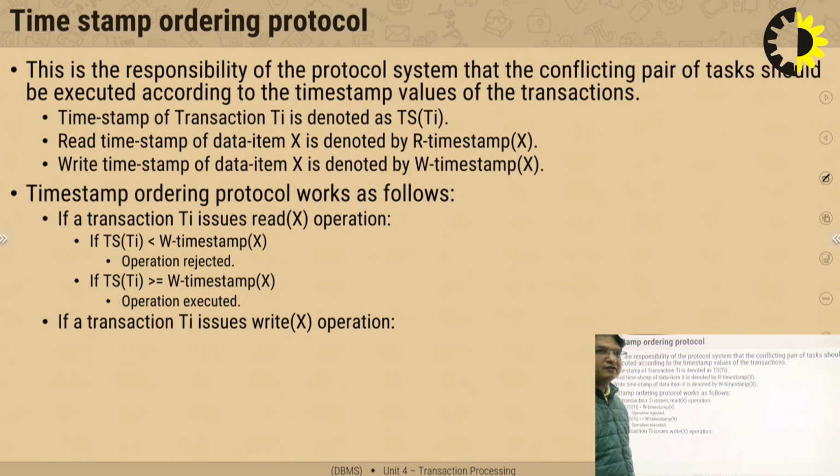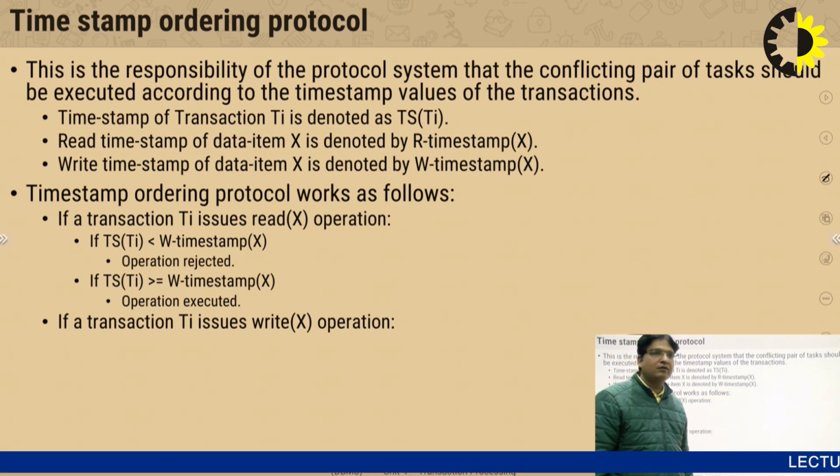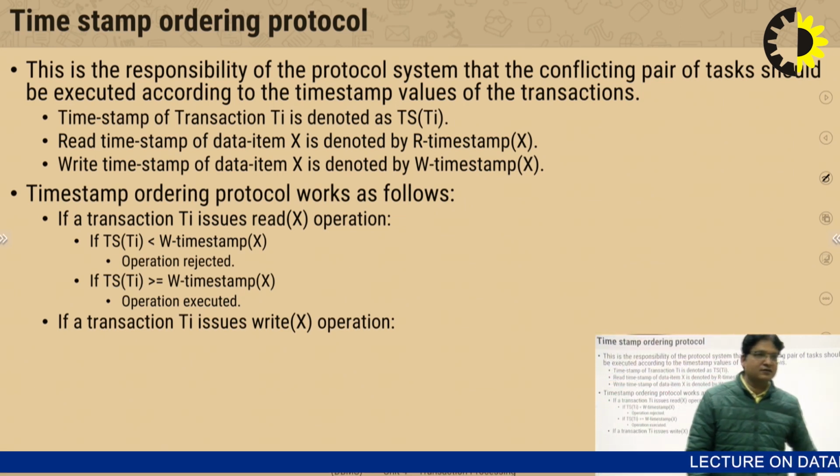A younger transaction has already written that value, so there is no need to perform the read because that value has already been lost. The second condition is that the transaction is younger than the transaction that wrote the value, so that operation shall be successful.